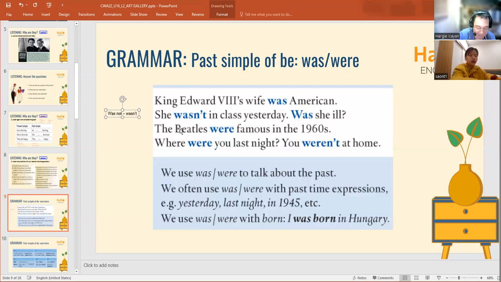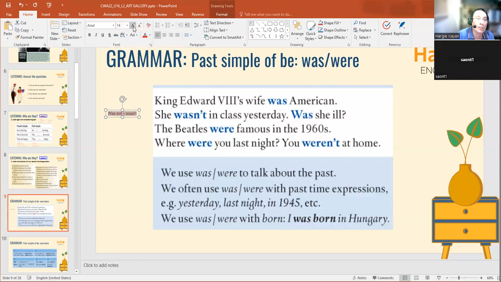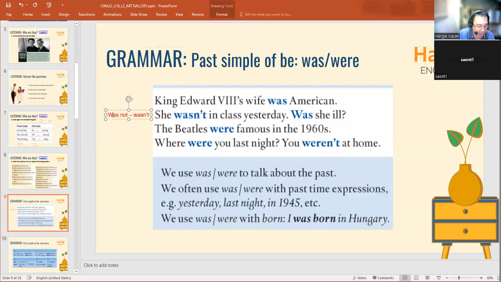And this one is a negative statement, right? It means the opposite of the positive one. So we can use was not.